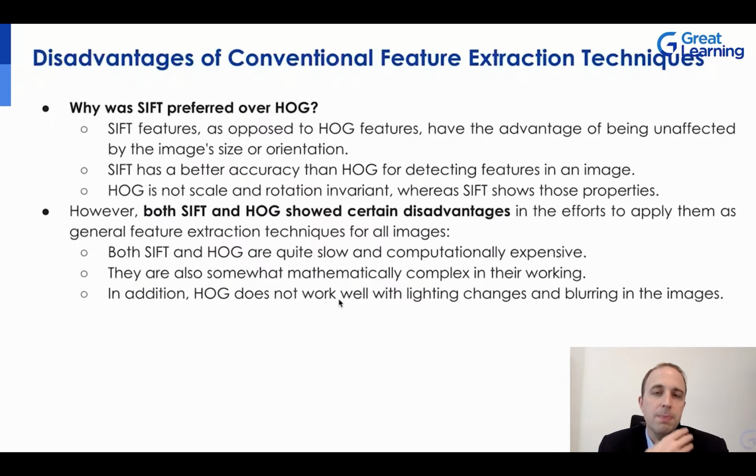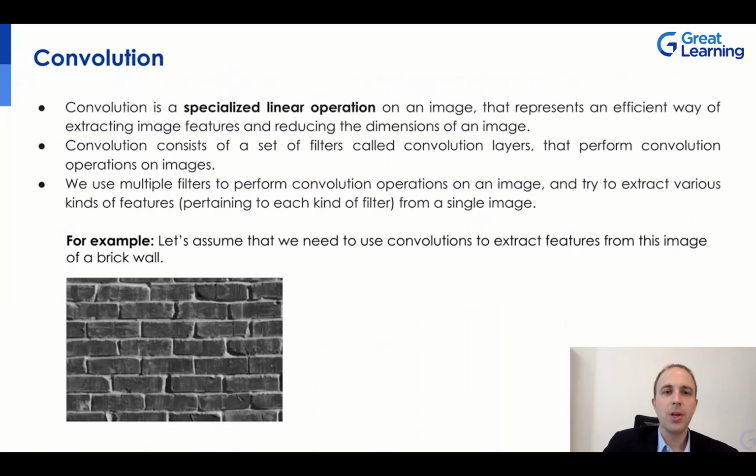So these are methods for feature extraction. They're conventional, they're a little bit older, but they're not so perfect. So that's why we want to introduce a better feature extraction technique to you, and that's why we're going to talk about convolution next. Convolution is a better feature extraction method. Convolution is a linear algebra operation, or you might call it a matrix multiplication operation.